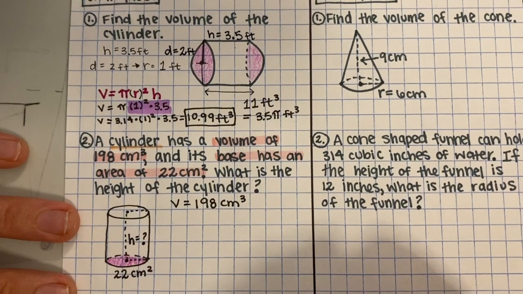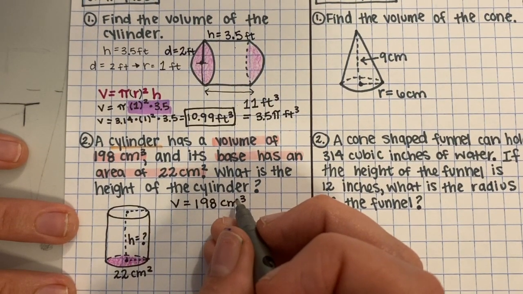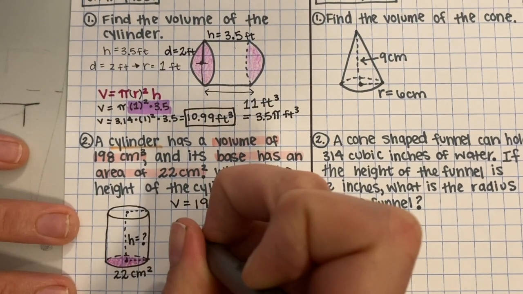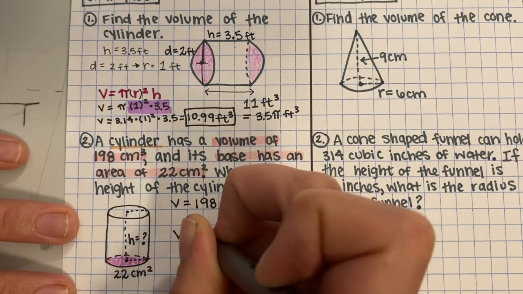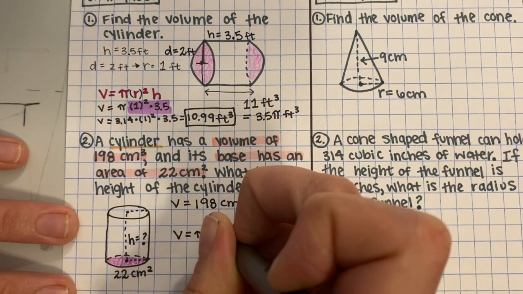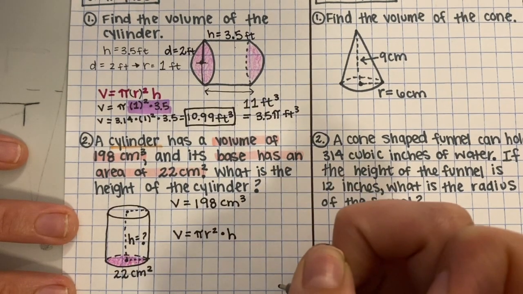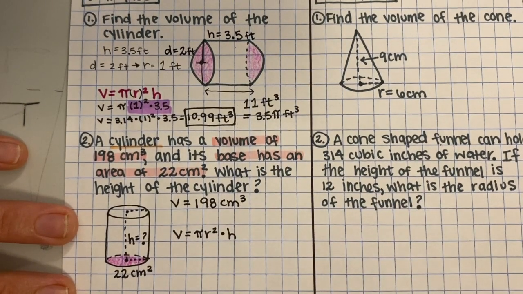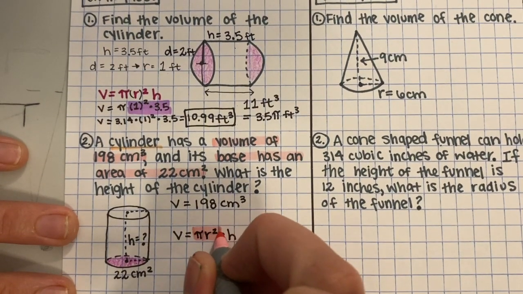So what I'm going to need to do is remember my volume formula. My volume formula is the area of the base, which is a circle, pi r squared, multiplied by our height. What I know is the area of my circular base.